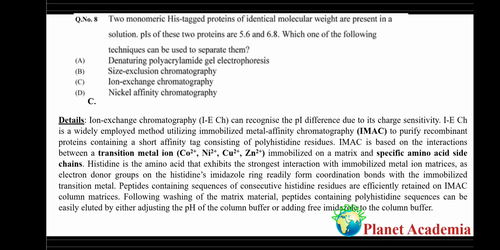The pI of these two proteins are 5.6 and 6, means they have different pI. Which one of the following techniques can be used to separate them? So we need to find a technique that can separate two proteins having the same molecular weight but different pI.